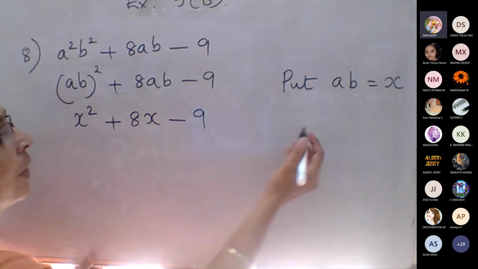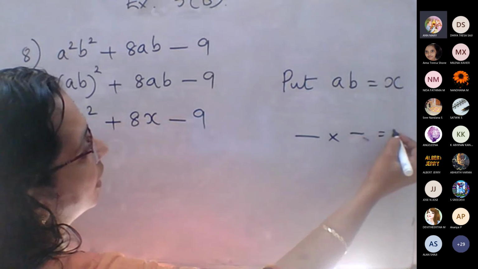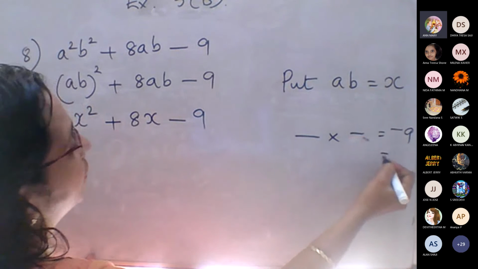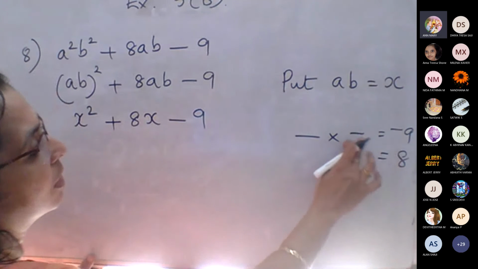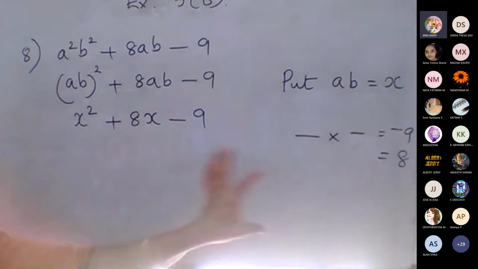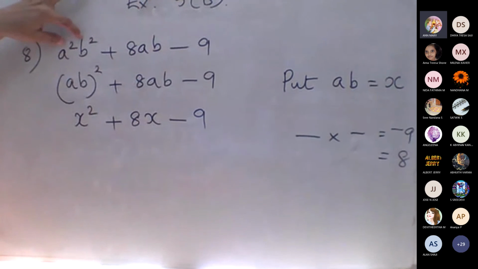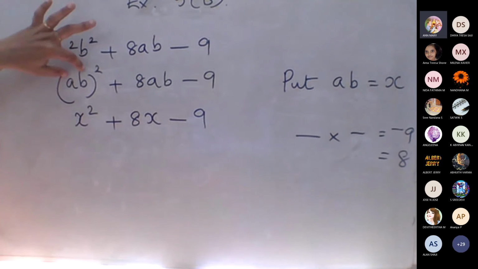Then dash into dash would be what? Negative 9. And if we add or subtract, we will get positive 8. Find out. At last, we can change that x as ab. First, you do this. Understood? ab square means ab whole square.